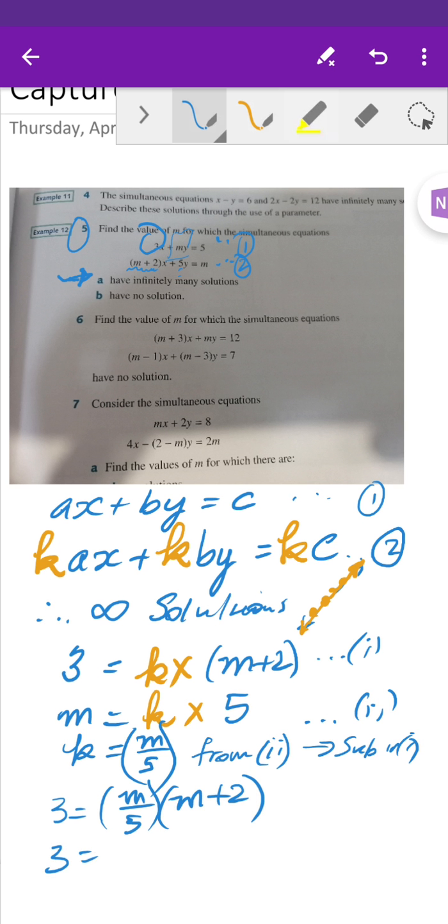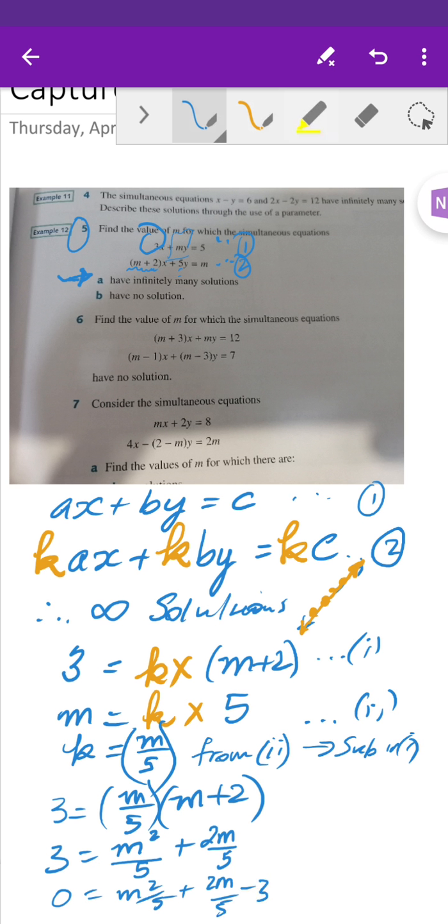Let's expand this: 0 equals m squared over 5 plus 2m over 5 minus 3.